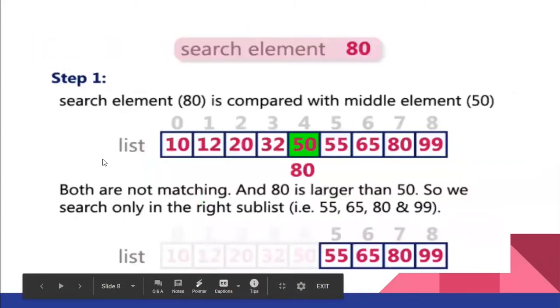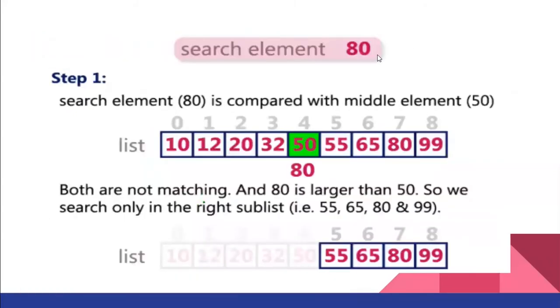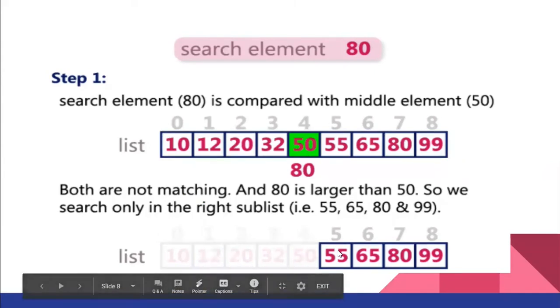Now suppose we want to search for the element 80. Again, same process. The middle element is 50, so we compare 50 with 80. We find that 80 is greater than 50, so the search will be focused on the right hand side of the list, which is 55 to 99.